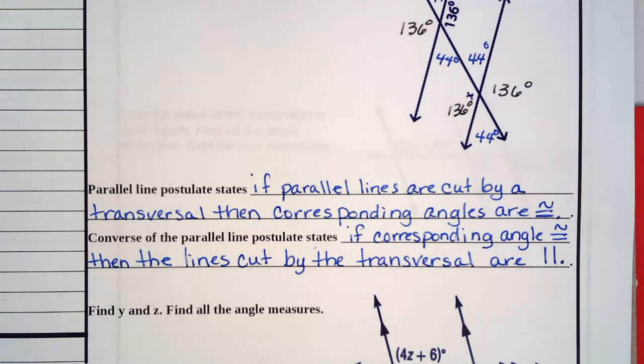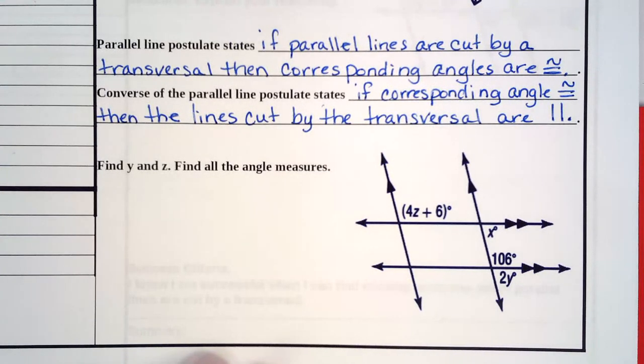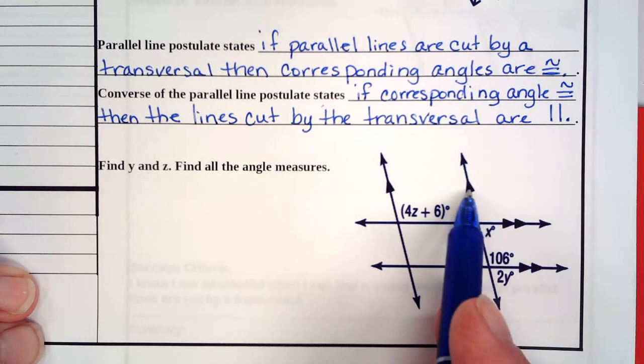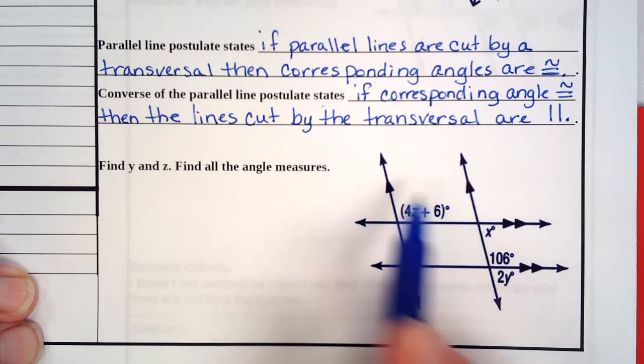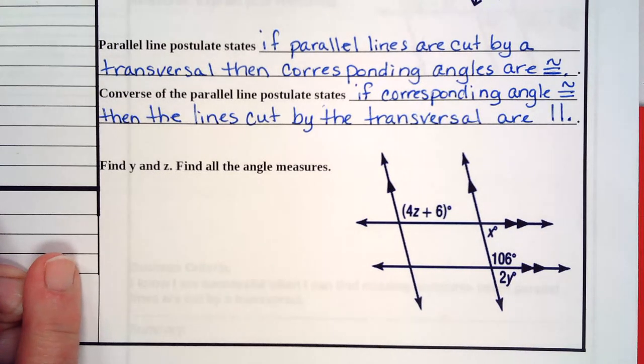So if you're looking at the picture, it says find y and z and find all the angle measures. Okay, so looking at all this, I know that these two lines are parallel and these two lines are parallel. So you've got two pairs of parallel lines. So if I am looking, x is probably as easy to find as any of them.